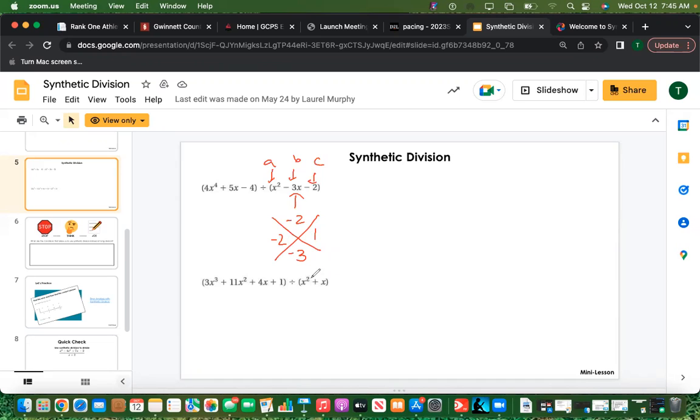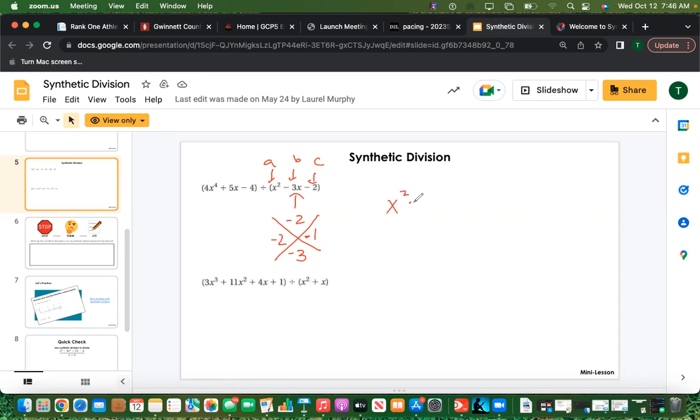Is there anything else that will work? Did you say -1 and 1? Okay, but do those multiply together to get you +2? Right? So is that going to work? No. So we probably won't be able to do synthetic division on this one. So we'll have to do long division again.